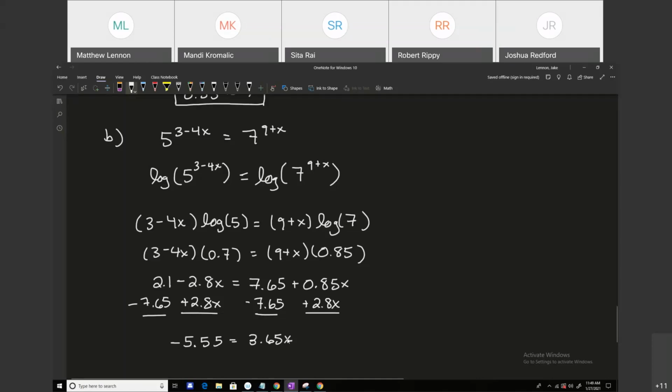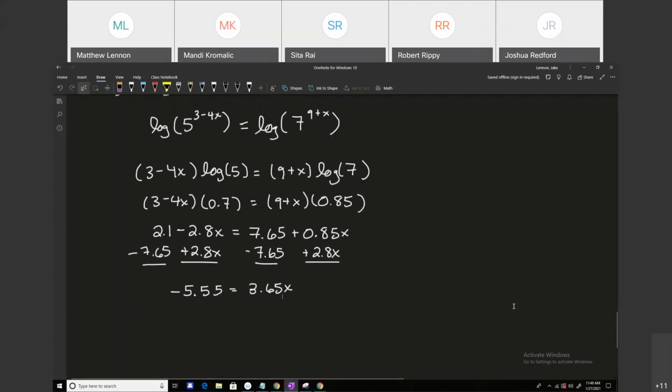Then to solve, all we need to do is divide by 3.65 to get the x by itself. And that leaves us with about minus 1.52 as our value for x.